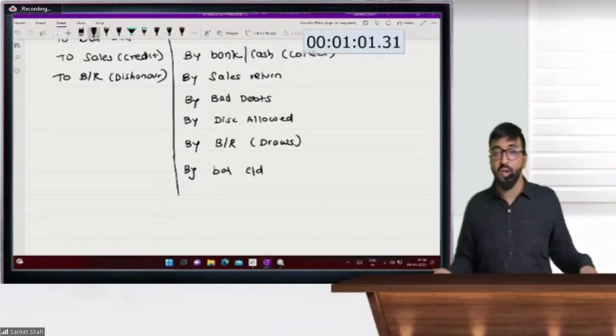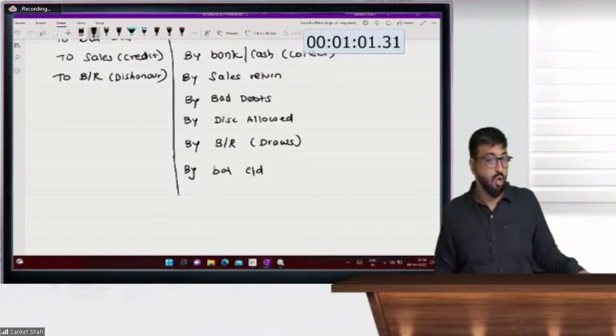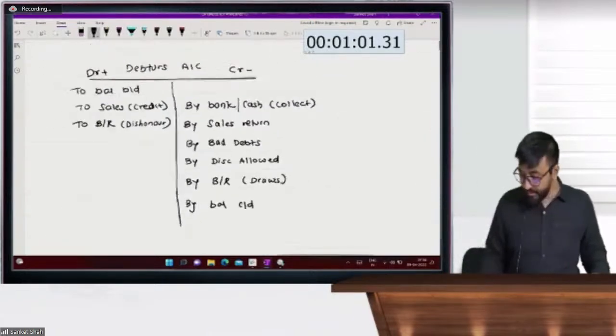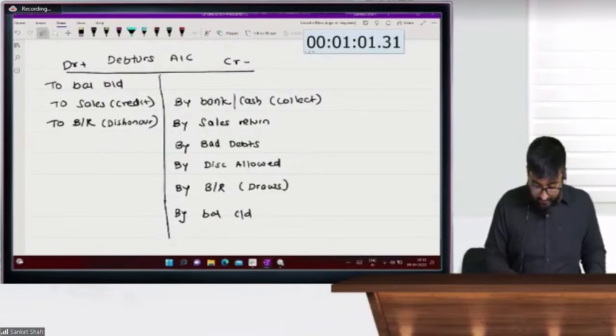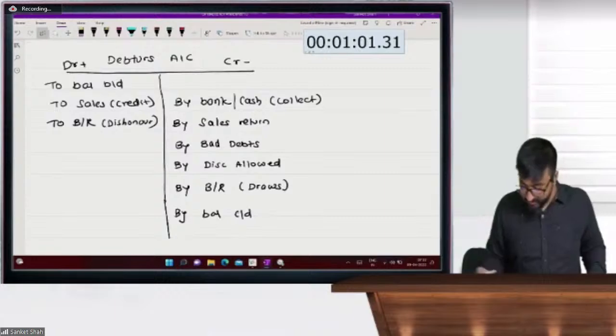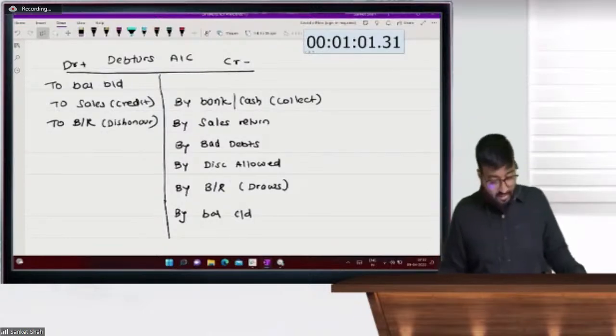But if dishonor, your debtors will get reopened in case of dishonor. Okay. So this is the entry. So this is a pro forma of debtors. Yes. Debit plus, credit minus. When it is increased: credit sales; by bank, by sales return, by bad debt, by discount, by bills receivable, by balance carried down.